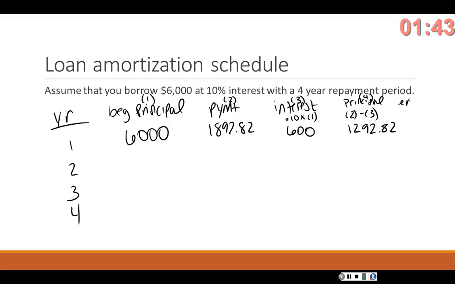And so that gives you your ending principal, which would be column 1 minus column 4. So $6,000 minus $1,292.82 leaves you with a principal of $4,707.18. The ending principal in year 1 is your beginning principal for year 2.